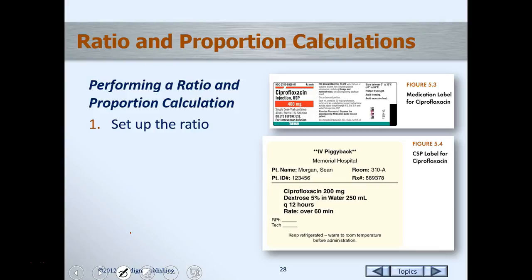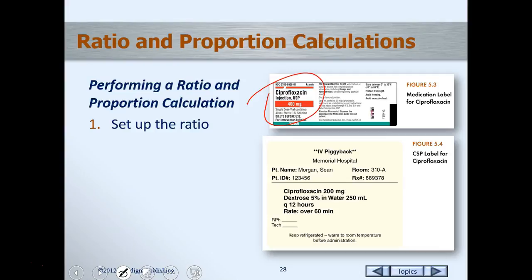Okay, so now I'm going to walk you through it to check your answer. So first we're going to set up the ratio, and we're going to determine what we have that we are starting with. So this one is ciprofloxacin, 400 milligrams. A single dose vial contains 40 milliliters.